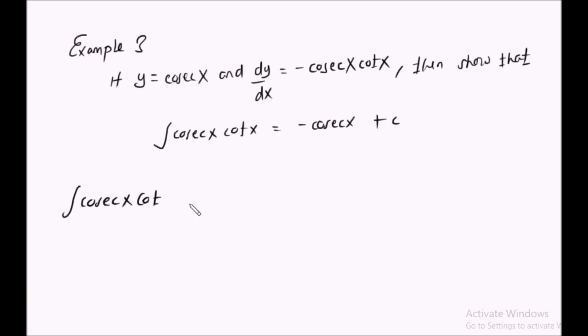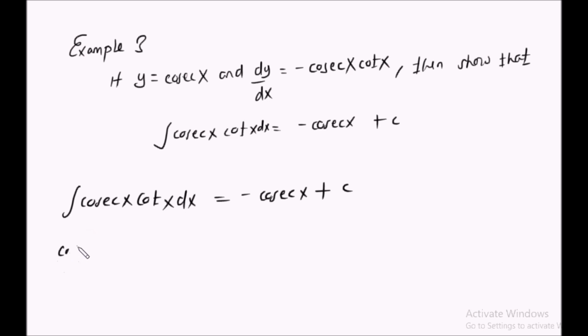Hapa kuna dx ni sasa na negative cosec x plus c. So initially ningesema because integration is the inverse of differentiation. But now I'm going to be a little bit more complicated.